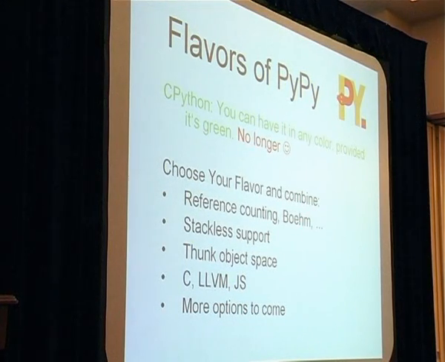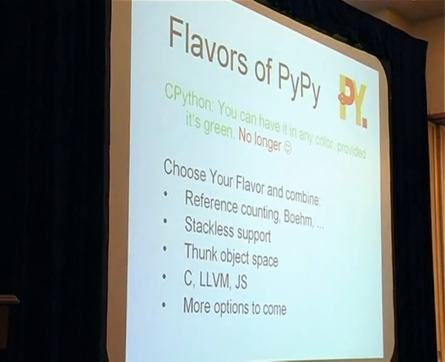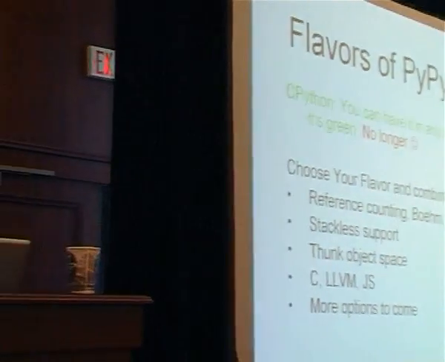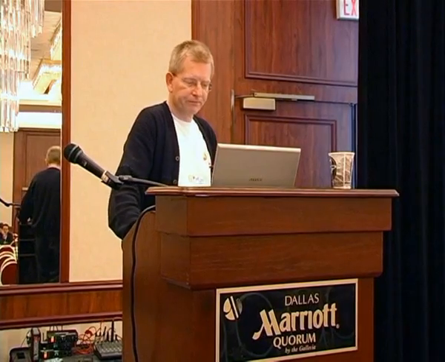Other options to configure are what kind of backend do you want to use? Do you want to produce C source from PyPy, or use LLVM, or even the new JavaScript backend? There are more backends to come. So this is all optional, configurable, and it's all one source code that can be tailored by options.